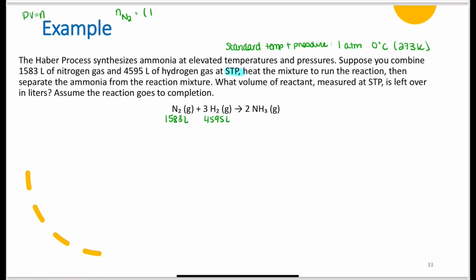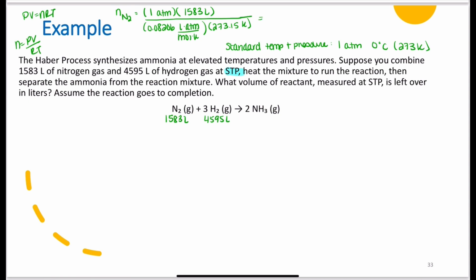Again, we're rearranging PV equals nRT. So n is equal to PV over RT. Pressure is 1 atmosphere because we're at standard conditions. Volume is 1,583 liters. R, 0.08206 liter atmosphere per mole K. Temperature 273 Kelvin. To be safe, you should probably write 273.15 Kelvin because this is written to 4 sig figs.